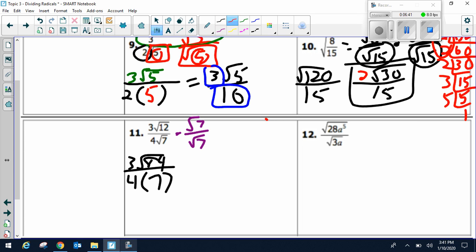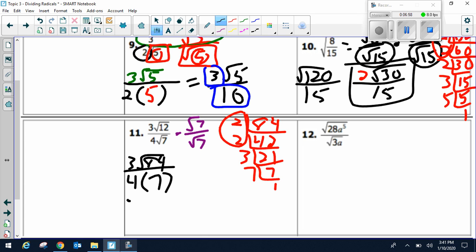We're going to reduce 84 by dividing it by 2 to get 42. And we're going to divide that by 2 to get 21. Divide that by 3 to give you 7, 7, and 1. Okay, so you've got a group of 2 there.